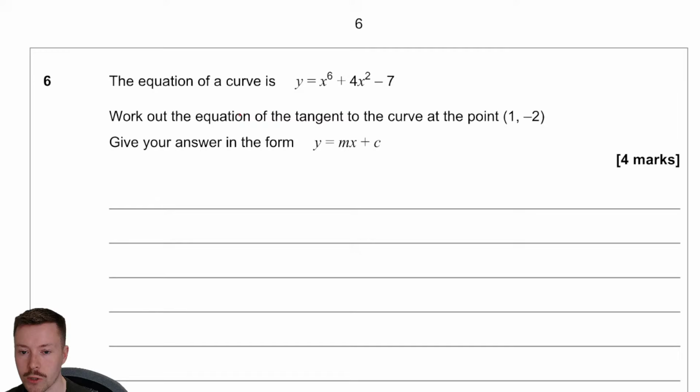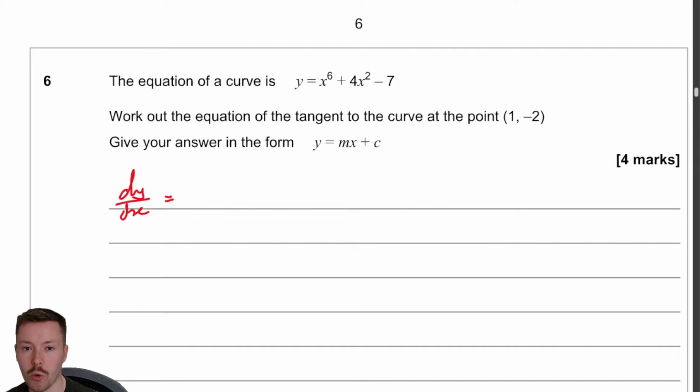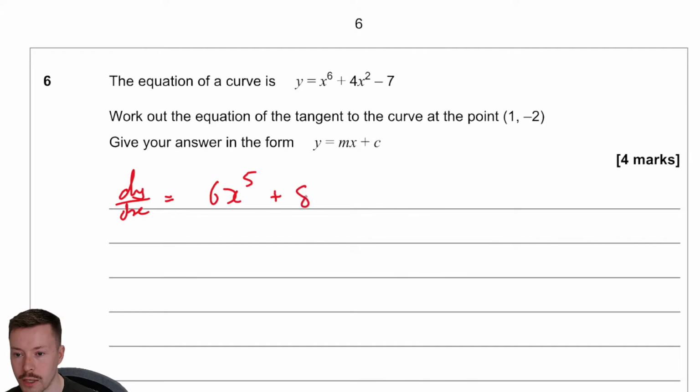Right. So work out the equation of the tangent. So to get the gradient, first of all, we need to differentiate. So dy over dx equals 6x to the power of 5 plus 8x, and then the minus 7 disappears. Now we need to put in the point 1 to find the gradient at 1.